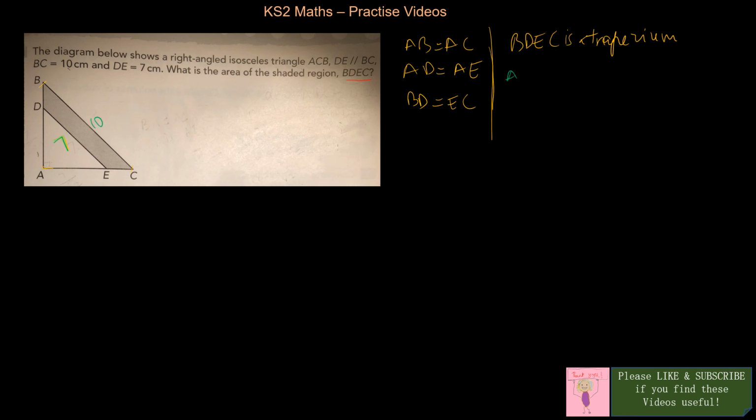So the area of a trapezium equals half times the sum of the parallel sides times the height.